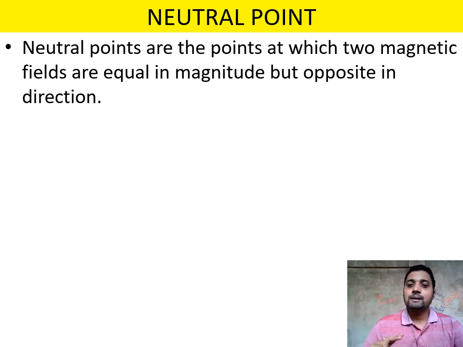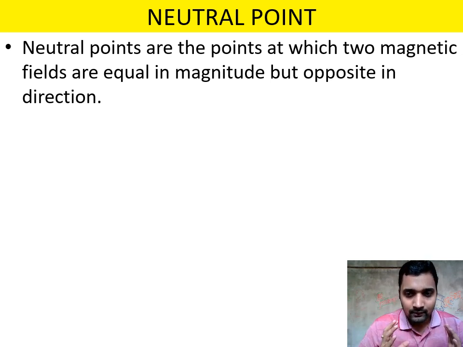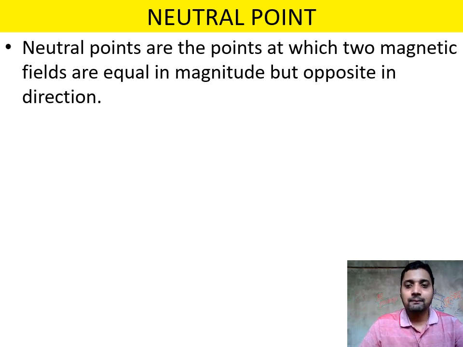In a limited space, the bar magnet has closed continuous lines, and the earth has straight parallel lines. Both have the same strength but in opposite directions.